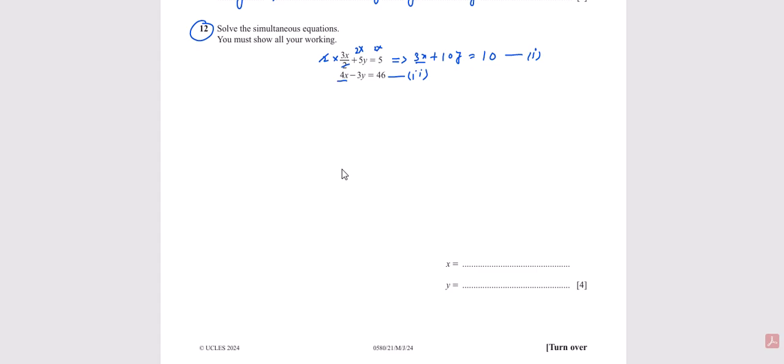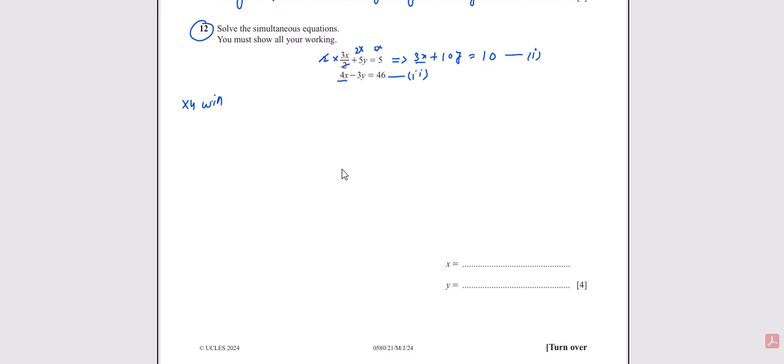So both values are the same, we cancel them with each other, so next we find the value of y easily. So first, multiply with 4 with equation 1.